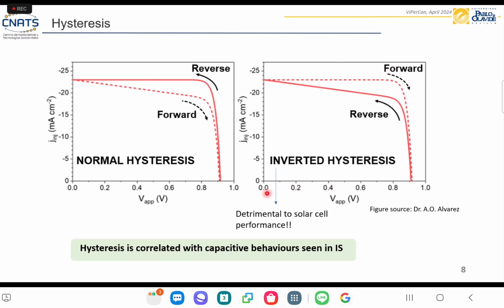This feature has been associated with detrimental performance of solar cells, okay? And as well, the positive or normal hysteresis has been correlated with positive capacitance in the impedance spectroscopy. And we will see how inverted hysteresis is related with another type of capacitance.